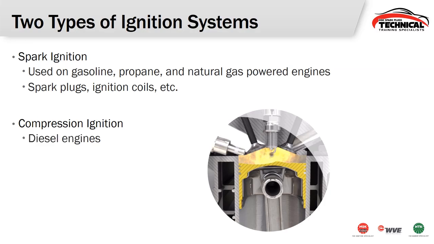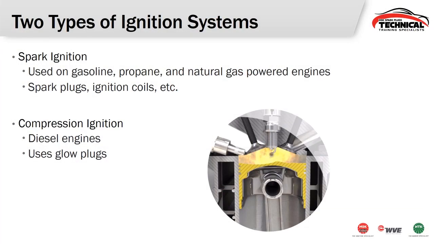And then there's another type of ignition system, which doesn't get as much attention because it's not as commonly used on vehicles today, and this would be compression ignition. This is your diesel engines, whether it's a light, medium, or heavy duty truck, or maybe a small diesel engine in some of the European cars. They all use some form of compression ignition. These don't use the common spark ignition components.